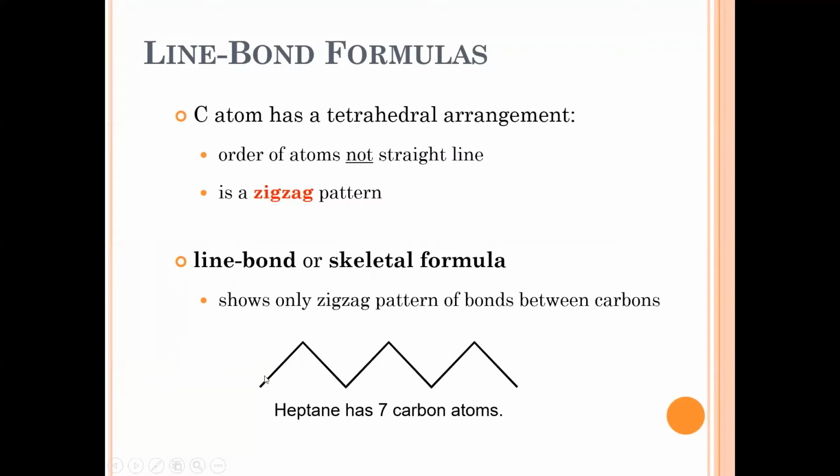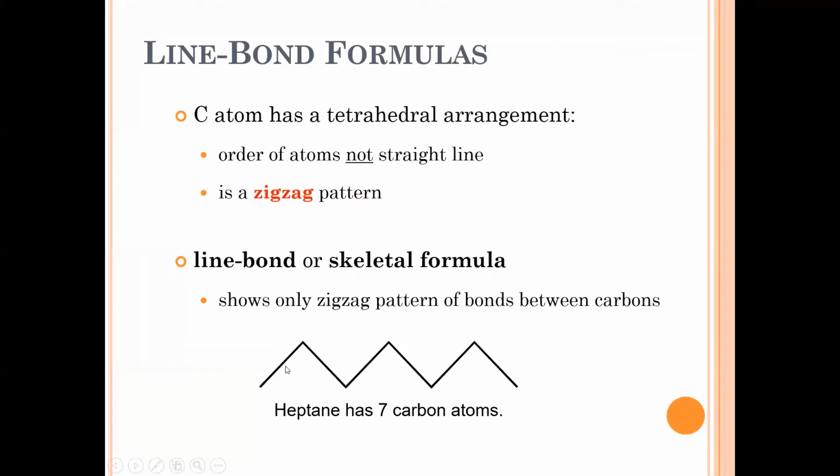But when we really get into some carbon-based compounds, especially lipids, that might have 18 or 20 carbons long, that's a lot to constantly write out. So we just show the carbon-carbon bonds by a line to each other. So wherever you see the end, a peak or a valley, that is a carbon, and then it is considered saturated with hydrogens.